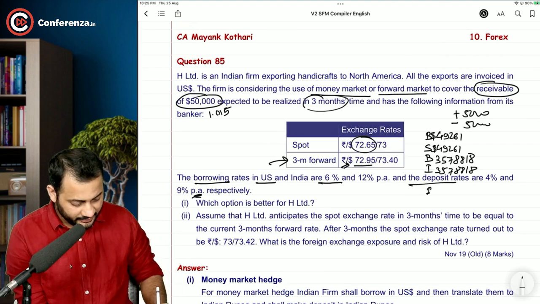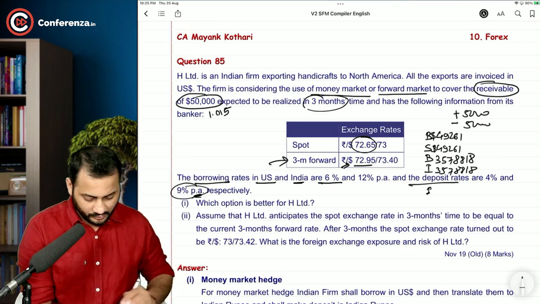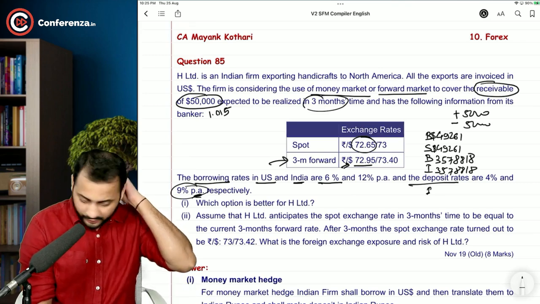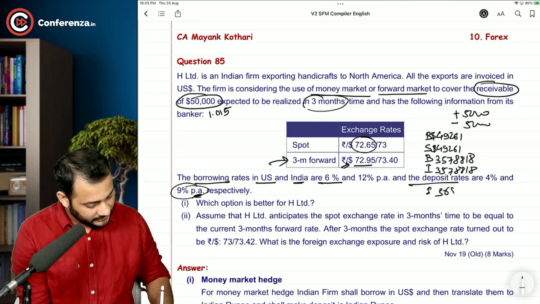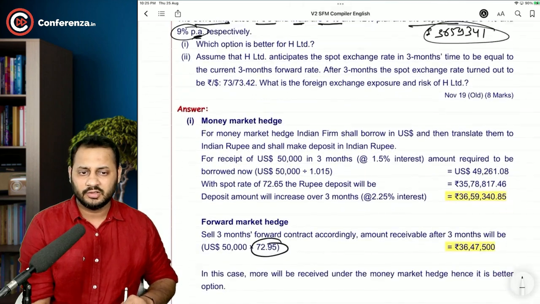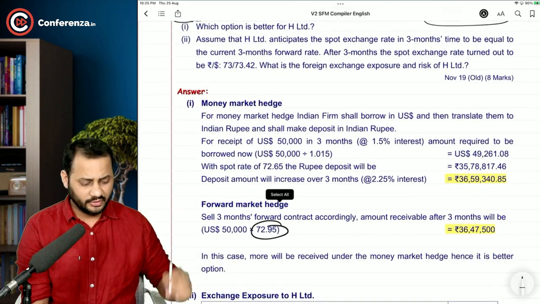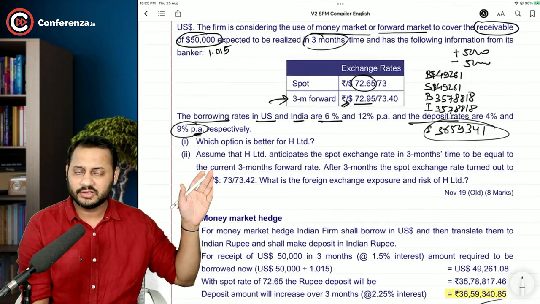Investment deposit rate of India is 9%. How much for 3 months? 9, 4.5, 2.25 plus 2.25%. So that's around 3659341, the net amount that you will receive. 36,59,341. Easy, very easy.